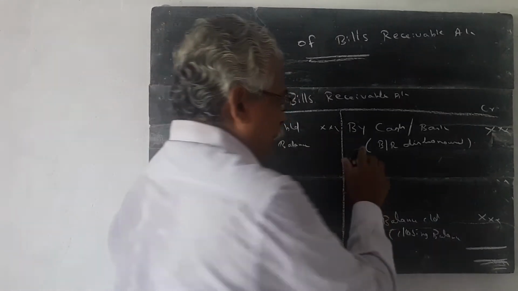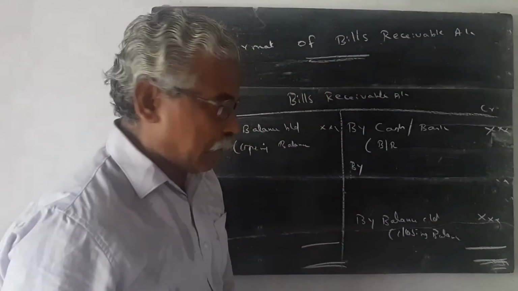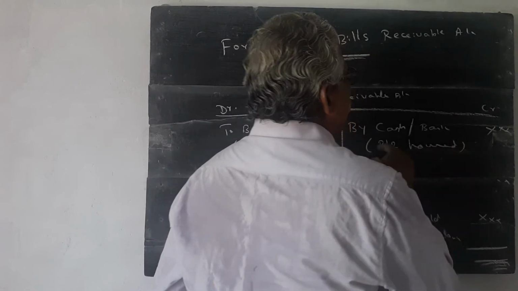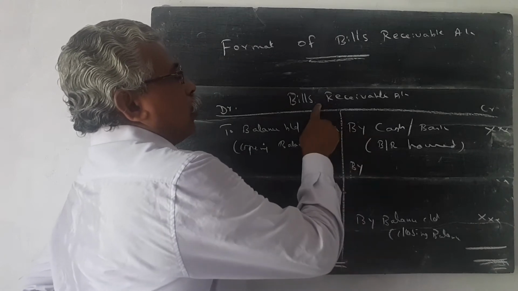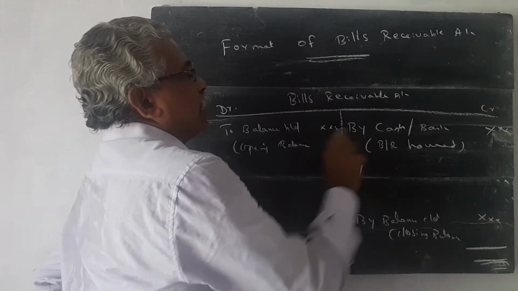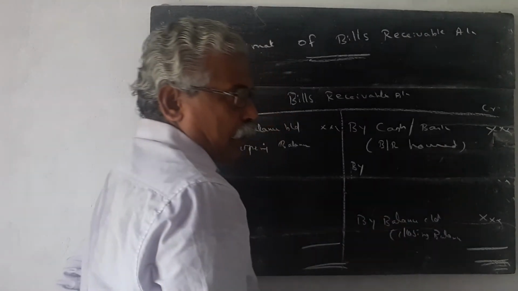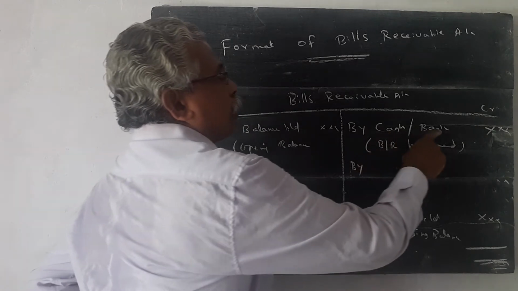I'm so sorry, any bills receivable amount received is entered here. Bills receivable honored: we use the word cash and bank. In the bills receivable account, we never use the words bills receivable. Within brackets, we write bills receivable honored. If any bill amount is received, it is entered as cash or bank.